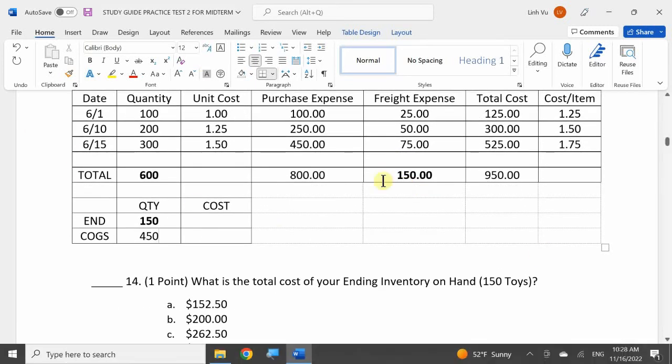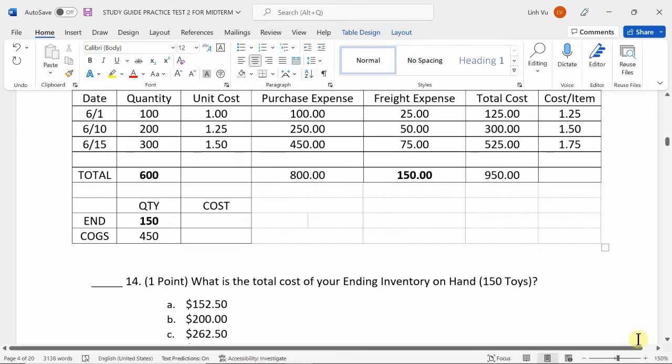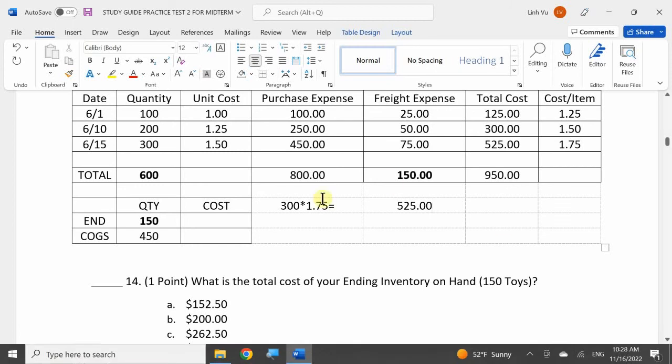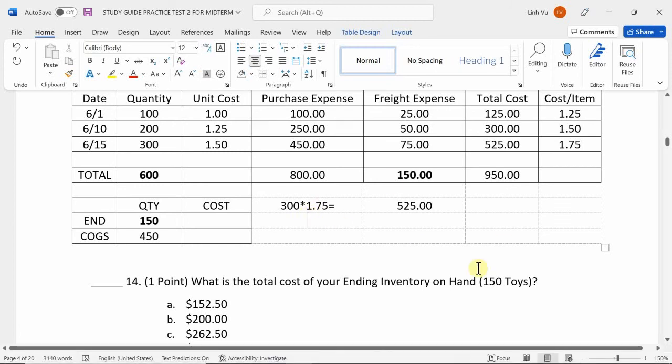Because we're using LIFO, we need to figure out how many items we sold. First, we need to sell a total of 450 units. The last batch that we purchased was this batch of 300 units at $1.75, which we know to be $525. Okay, so that's my very first one.